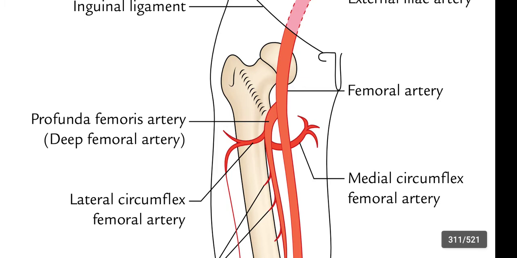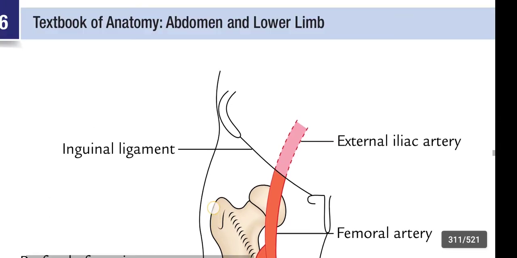This femoral artery enters at the front of the thigh and gives off the profunda femoris artery, which supplies all the muscles of the thigh.